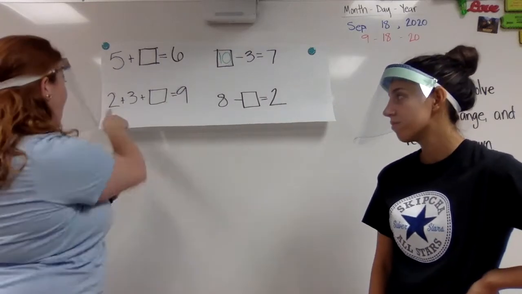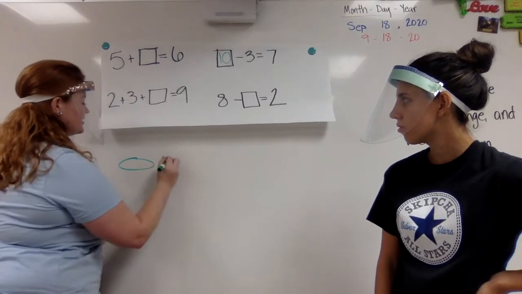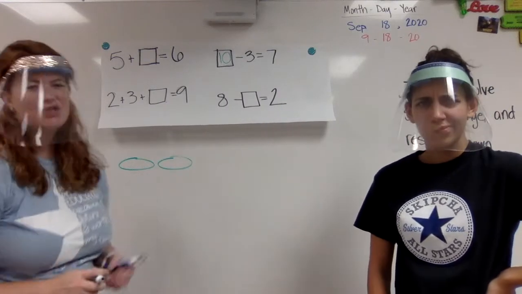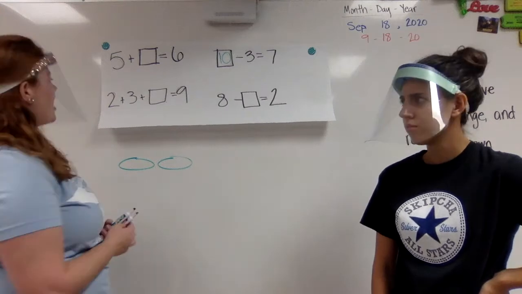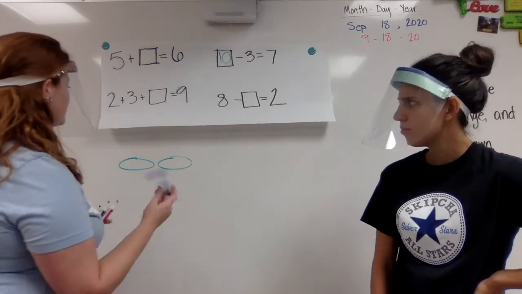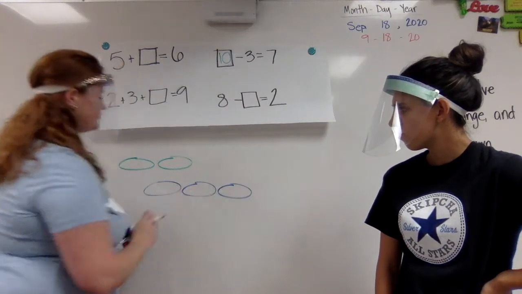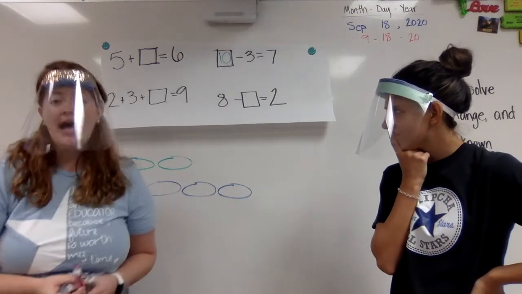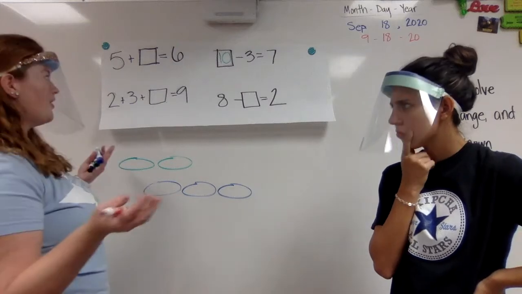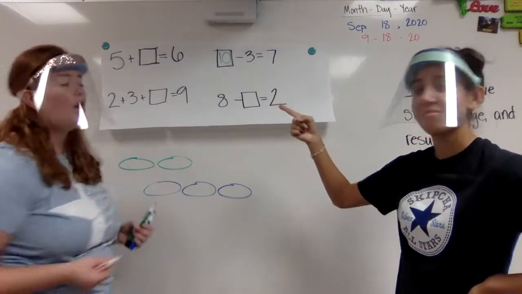Let's see. She had 2 regular donuts. So I'm going to draw 2 regular donuts. Okay? I'm not trying to make them perfect donuts. Then she had 3 chocolate donuts. Okay, let me draw 3 chocolate donuts. 1, 2, 3. She had some sprinkle donuts. I don't know how many some is, but I know she was supposed to have 9 total donuts.